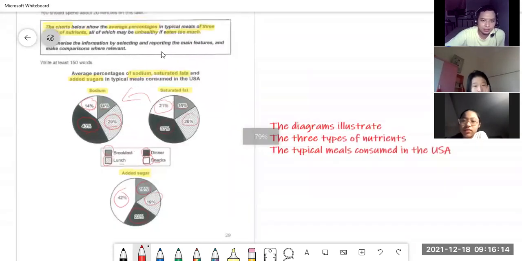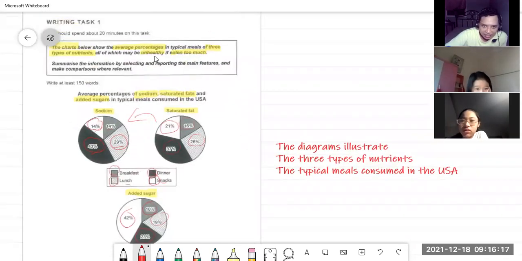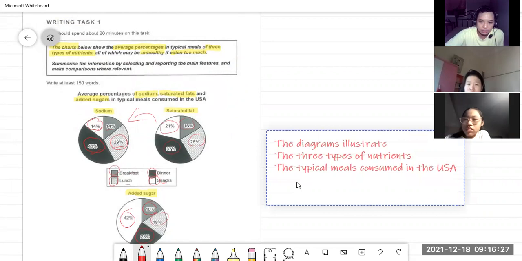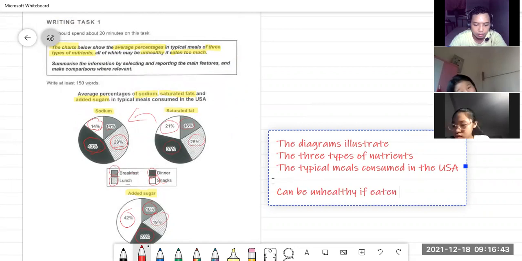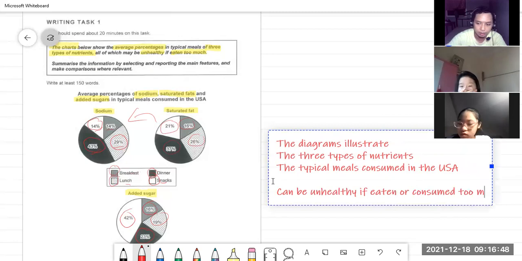Remember, it is said here that it is unhealthy if eaten too much. So we can put that in here. So the typical meals consumed in the USA can be unhealthy if eaten or consumed too much. Okay, very good.